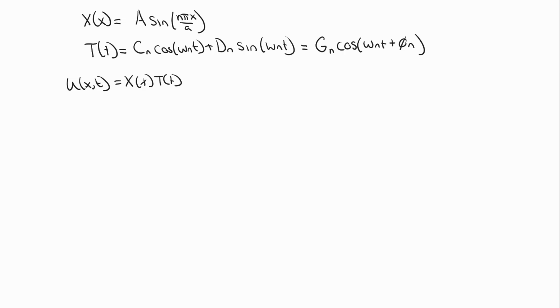The ratio between our c of n and d of n will give us the phase term phi of n within our cosine term here. When we combine these two functions, this will be a solution that depends on n, where n is our normal mode in this case. So we can have our first normal mode, second normal mode, third mode, fourth mode, and this will end up being a function that depends on n with our spatial part and our temporal part.